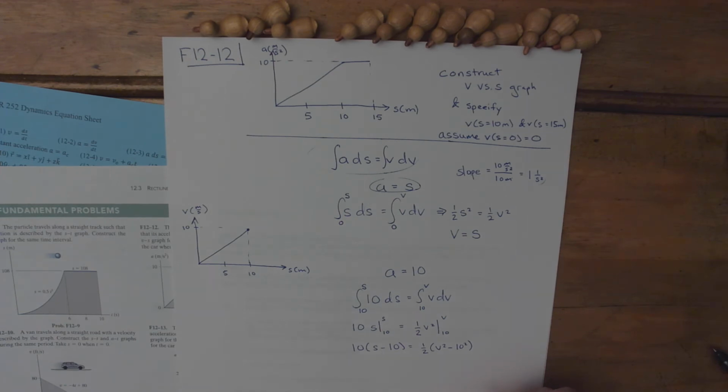I want to solve this for v, so this would be 10s minus 100, then multiply by 2. This is 100, and this is minus 100, so bring that over to the other side.